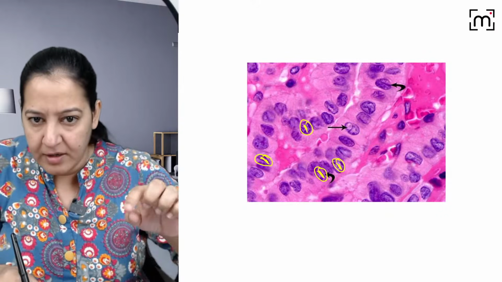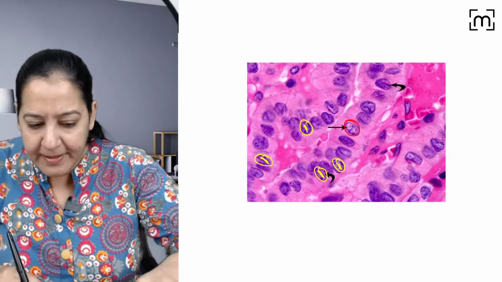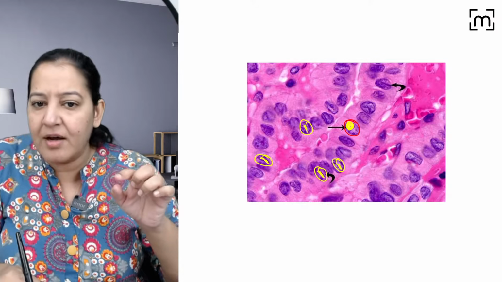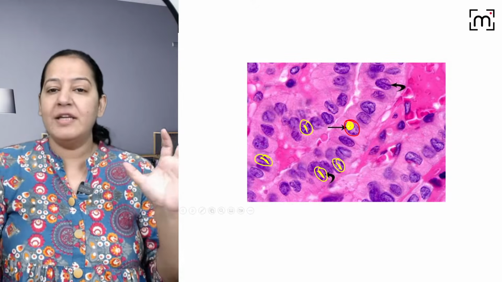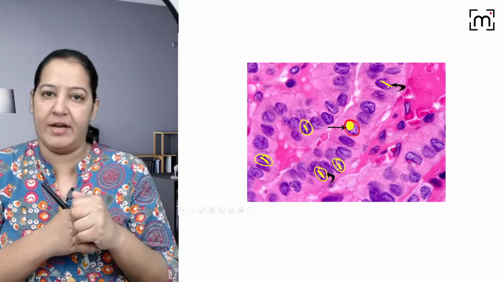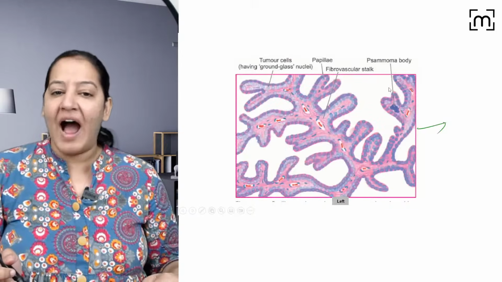Concentrate here. It's all about diagrams. In this nucleus, can you see this circular thing? A circle inside the nucleus. This circle is the inclusion body. So inside the nucleus, inclusion bodies and grooves are both very common. So what have I learned? I have learned about the tumor cell's nucleus. Currently, I am teaching you papillary carcinoma.